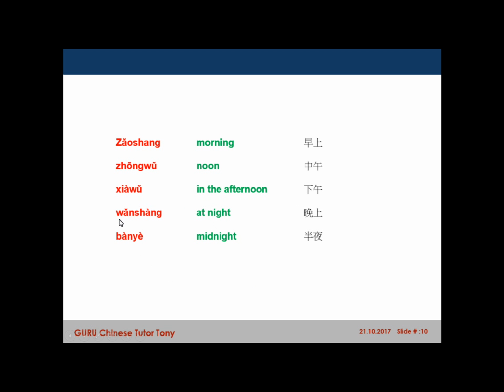Evening is 晚上. And 半夜 is midnight. You can hear Chinese people say 早上好, that means good morning, and 晚上好, good evening.